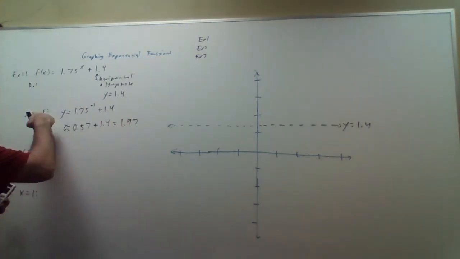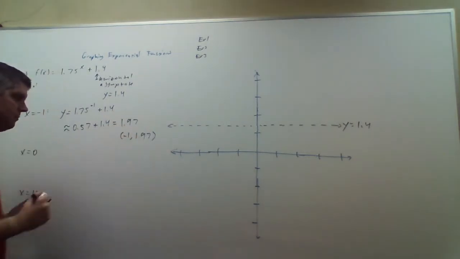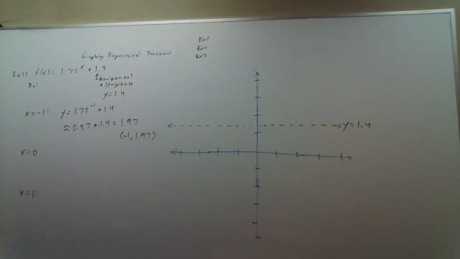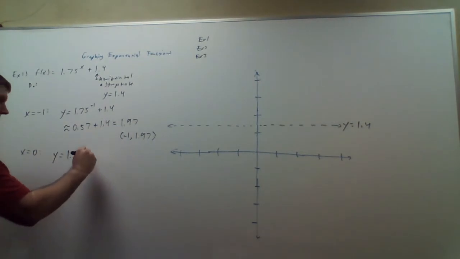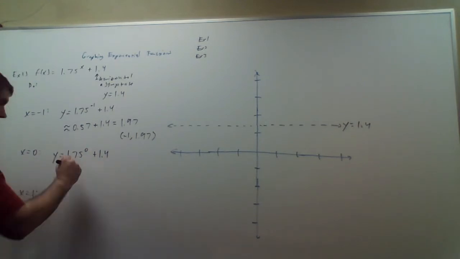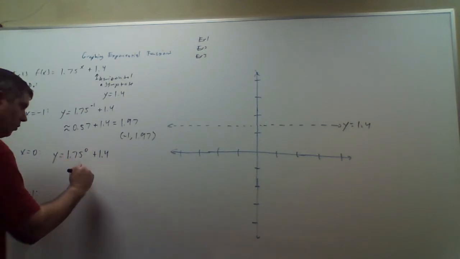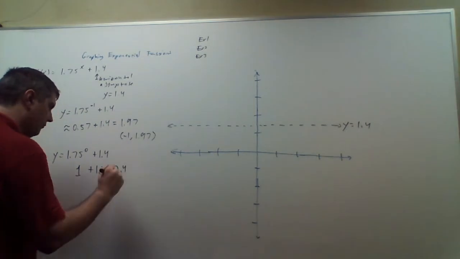So my first point is -1, 1.97. All right, next step. y equals 1.75 to 0 plus 1.4. Well, that's 1. Anything to the 0 power is 1. So 1 plus 1.4 is 2.4.